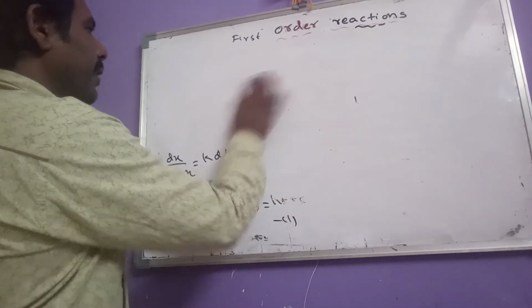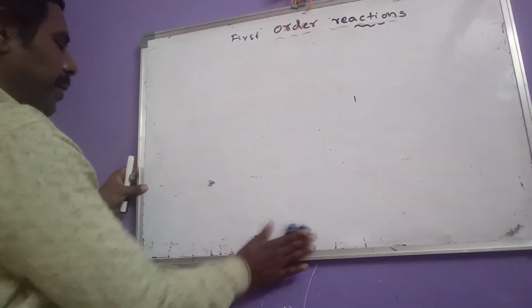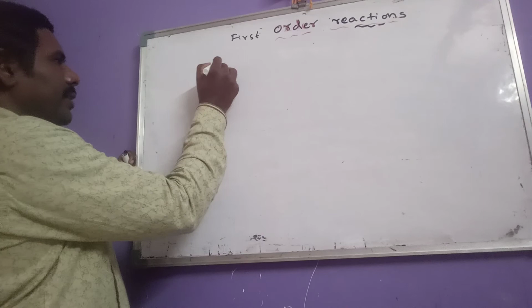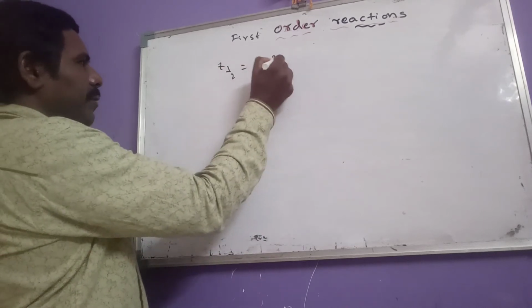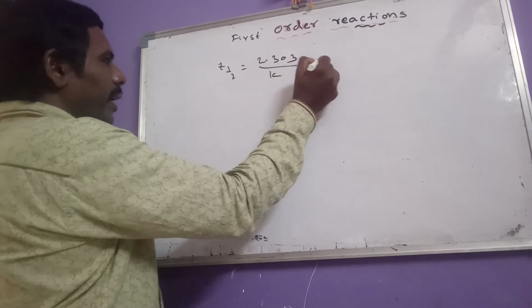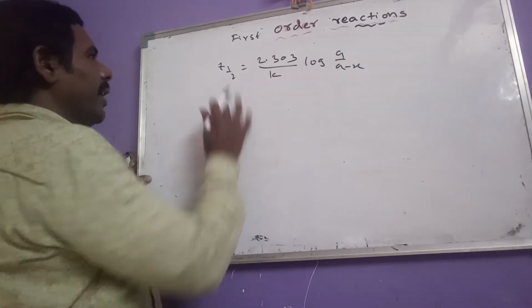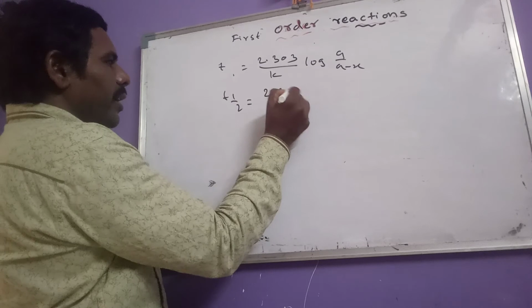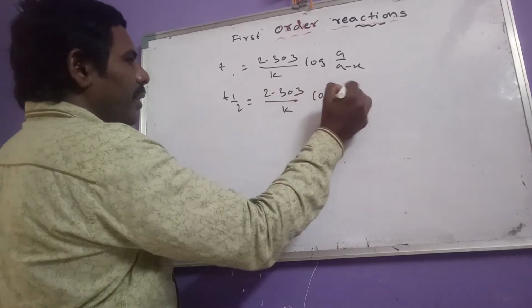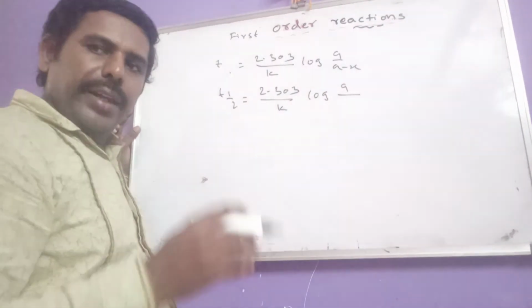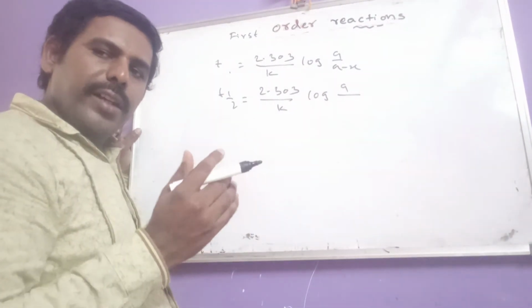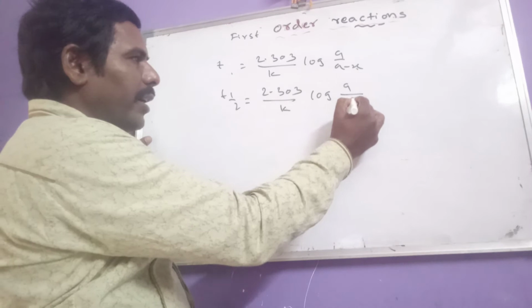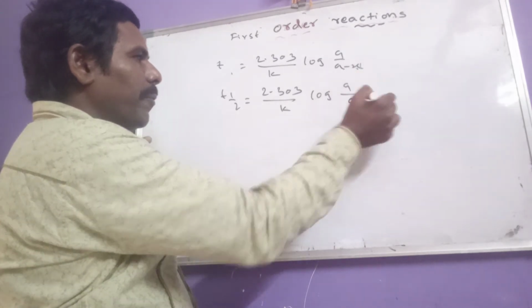Then let us see the half life time expression for first order reactions. t half equals 2.303/k log a/(a minus x). Here, a minus x at half life means the initial concentration becomes half, so we write a minus a/2 in place of a minus x.